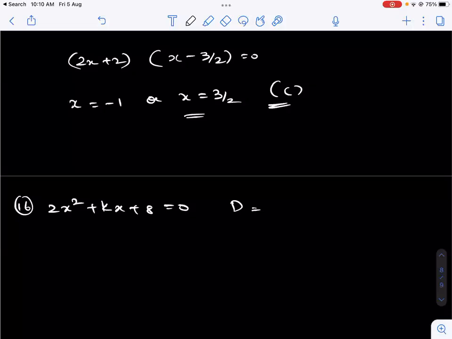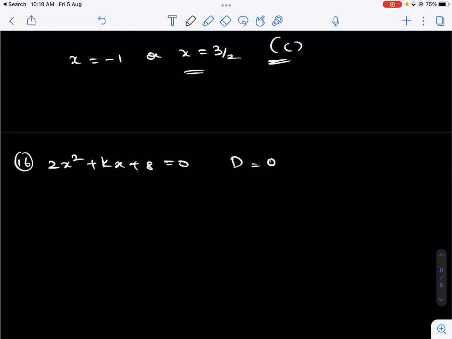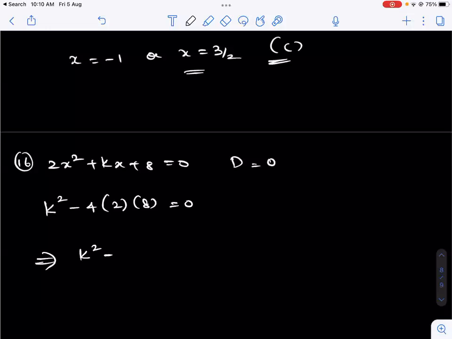Read the question carefully. D equal to 0, meaning b square minus 4ac, k square minus 4 into 2 into 8 should be equal to 0, which implies k square minus 64 should be equal to 0, or k should be equal to plus or minus 8.